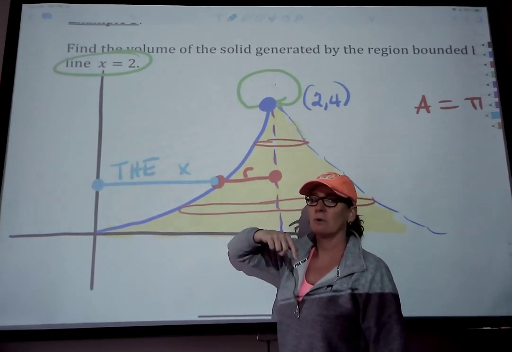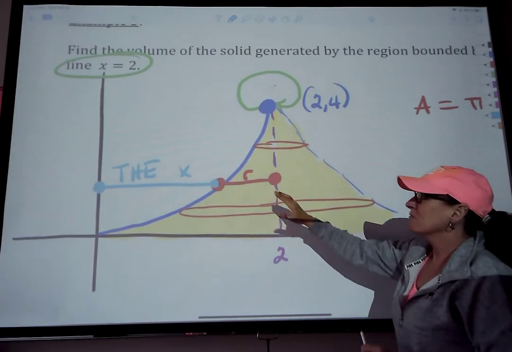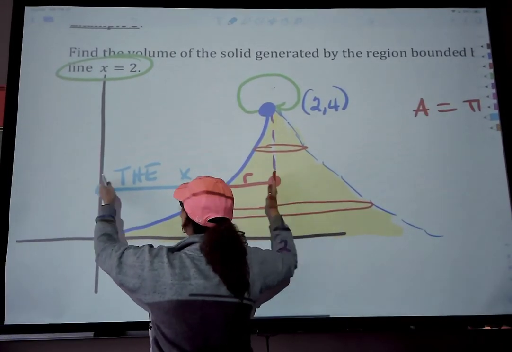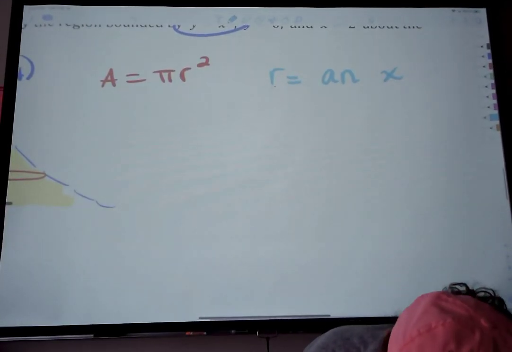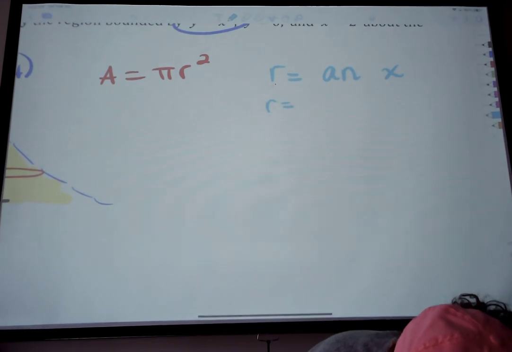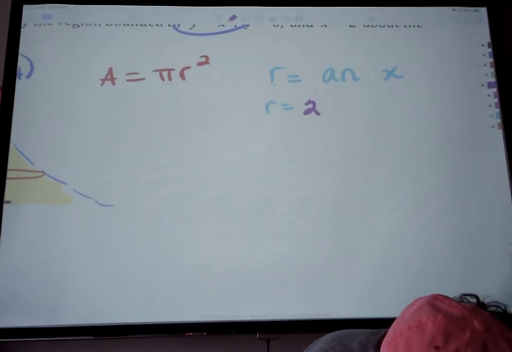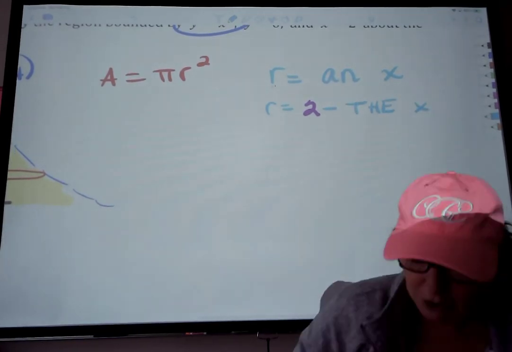If you didn't get it, rewind it. So my radius is going to be represented by the whole thing minus the part that I don't want. The whole thing, which is 2, minus the part that I don't want.